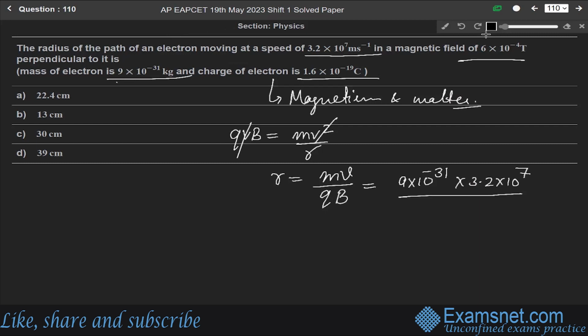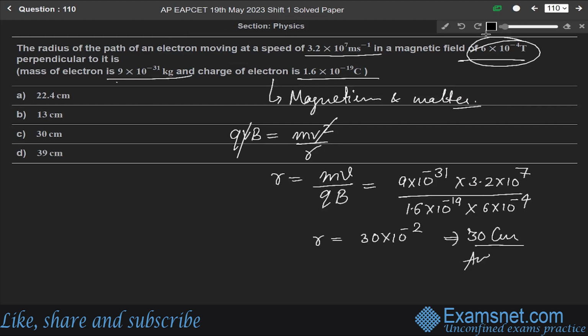Charge of electron is 1.6 into 10 to the power minus 19, into magnetic field, this 6 into 10 to the power minus 4 Tesla. So solving it, we get r is equal to 30 into 10 to the power minus 2 meter. It means it is equal to 30 centimeter. This is our desired answer. So the correct option is option C.